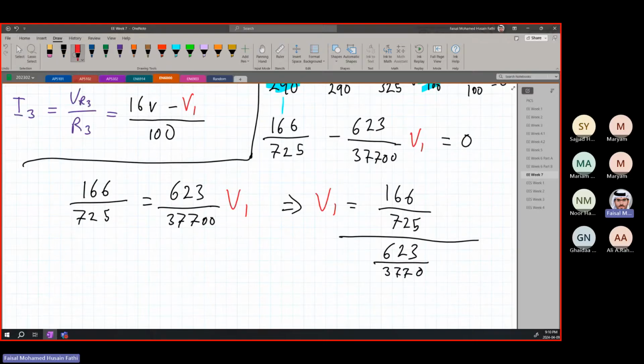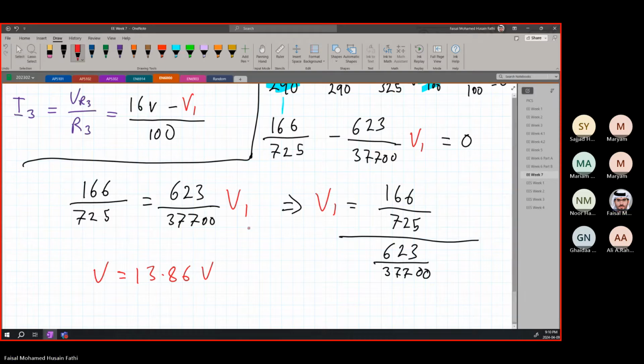And V1 is going to be equal to 166 divided by 725, all divided by 623 divided by 37700. And I get another fraction, which is going to be 13.86 volts. Okay, and that's it. And we found our V1.